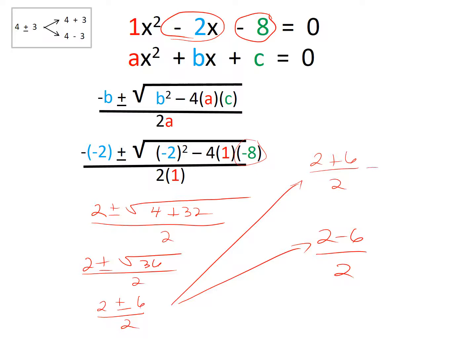So 2 plus 6, that's 8 over 2, which is 4. And 2 minus 6 is negative 4 over 2, which is negative 2. So again, there are 2 solutions to this. A positive 4 and a negative 2. Done.